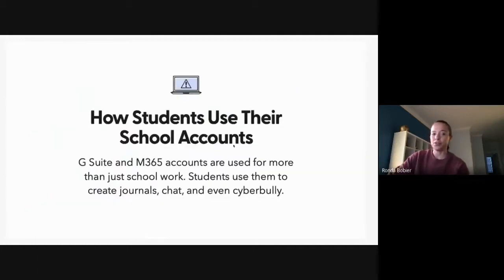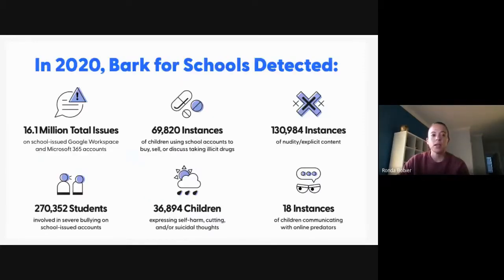Okay, so how students use their school accounts, I'm sure you all know from looking at those alerts, they use it for journaling and chatting and cyberbullying and various things that are not necessarily school related. And that is where Bark for Schools comes in and assists with providing some insights into what's going on with your kiddos. Here is some information regarding what Bark for Schools detected in 2020 from our annual report.